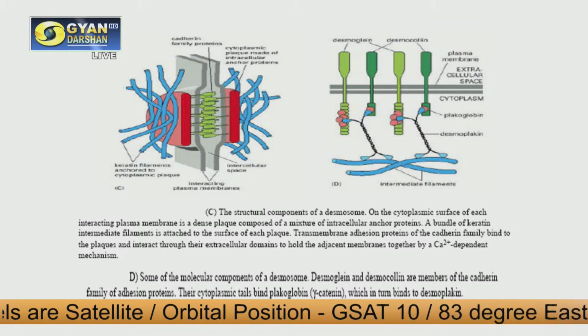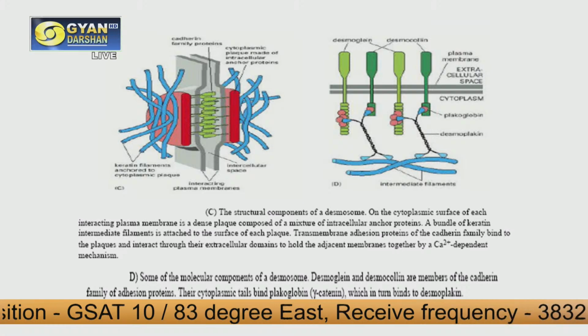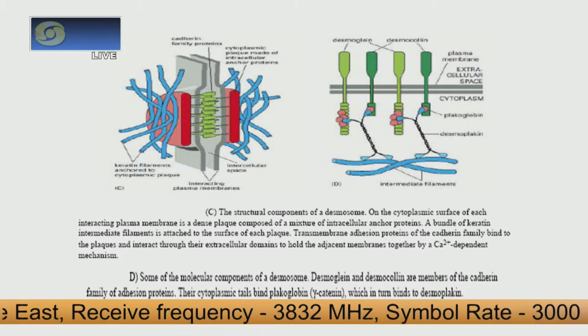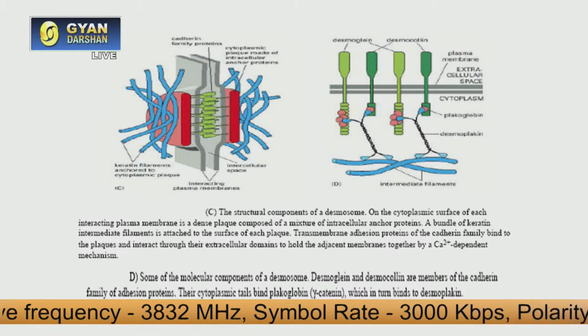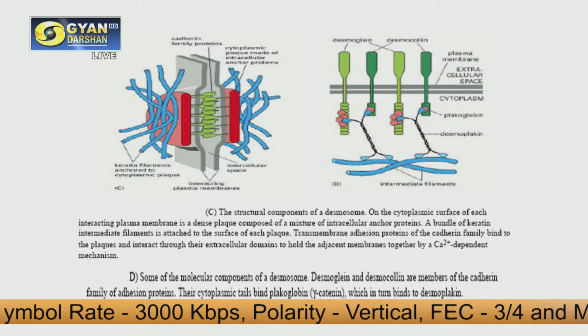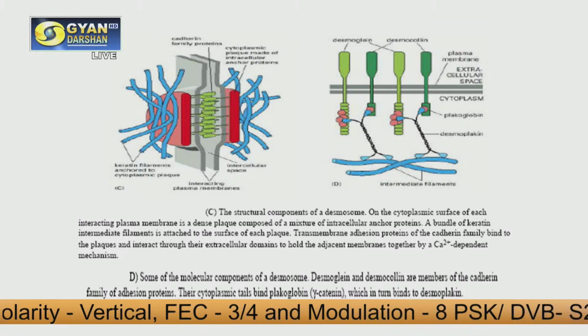So that is how any cell attaches to the intermediate filaments. So the cell attaches with the extracellular matrix, the cell attaches to the actin filaments, the cell attaches to the intermediate filaments.